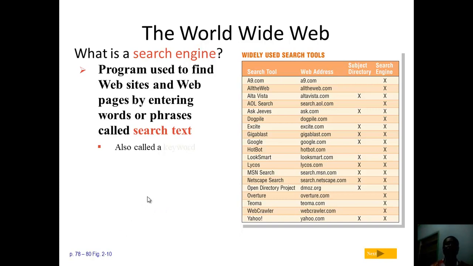Give me an example. Google is an example of a search engine. Yahoo, what do you remember again? Several of them. You type a particular phrase, and the search engine takes your phrase, compares it to the nearest it can find on the internet, and pops all of them up for you to search for what you're looking for.